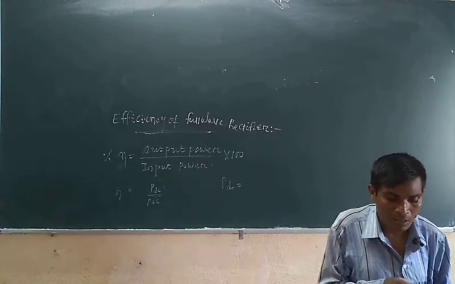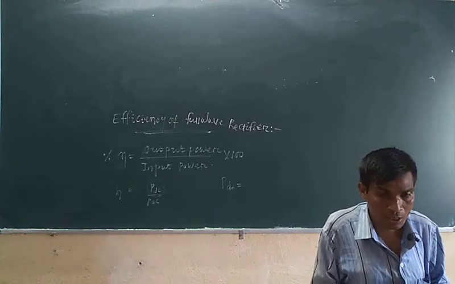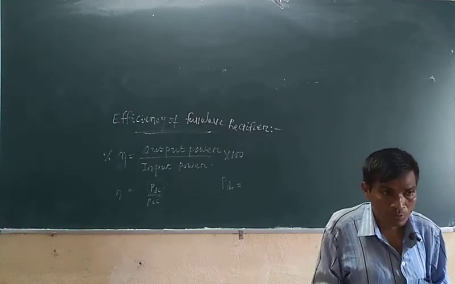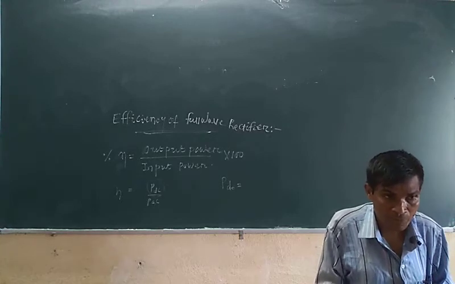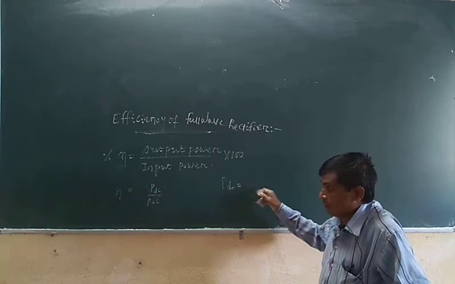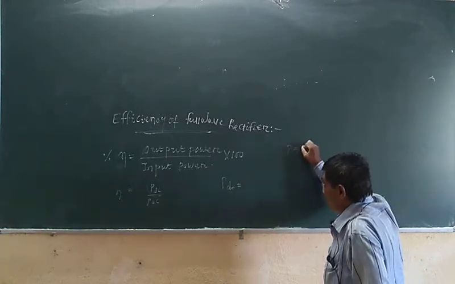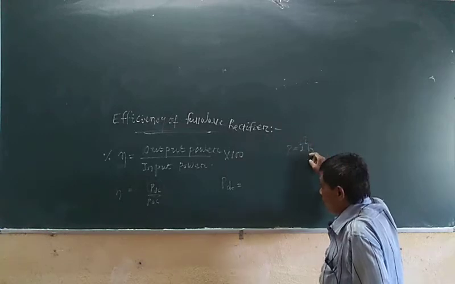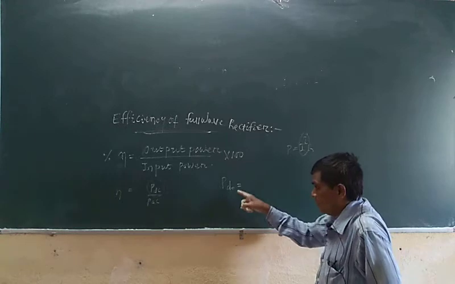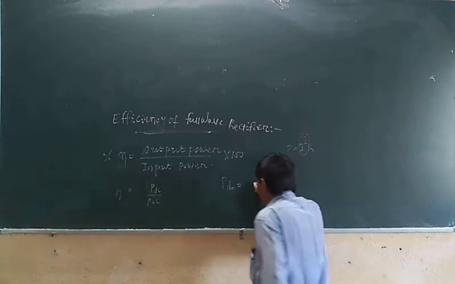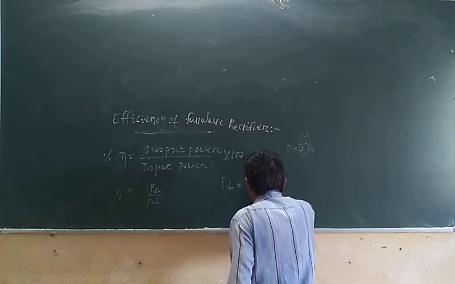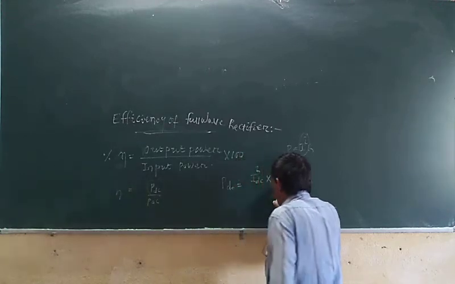Power is also calculated as the multiplication of voltage and current, and in terms of current it is I square R. So power equals I square R. Here the I is the output current, IDC, so we can write IDC square into RL, where RL is the load resistor.